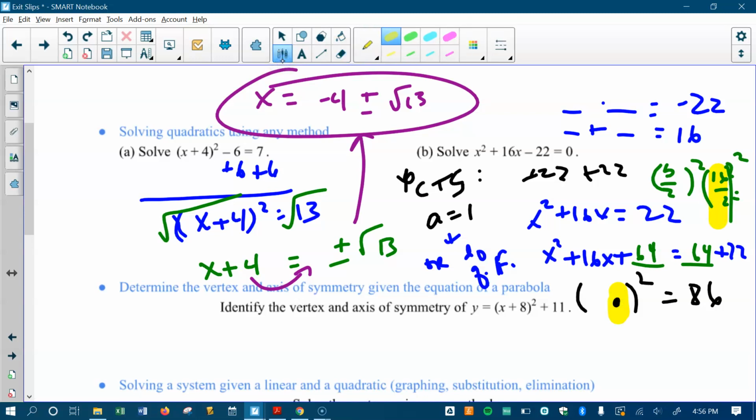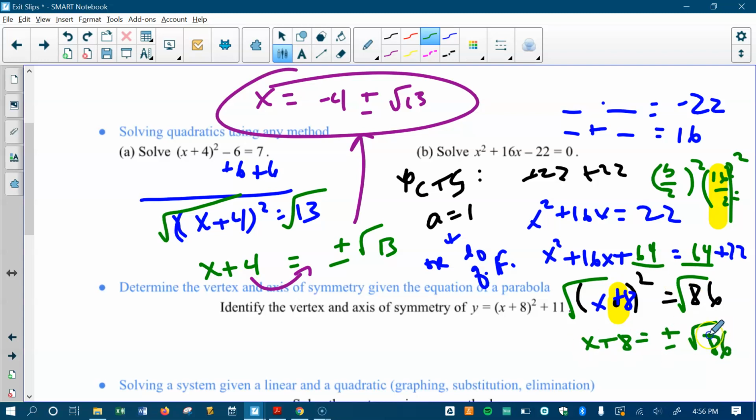So what we have here then for our answer is going to be x plus 8 squared. And now if we take the square root of both sides, I got x plus 8 equals plus or minus root 86. And that means I have to move this 8 over here, so I get x equals negative 8 plus or minus root 86. Done.